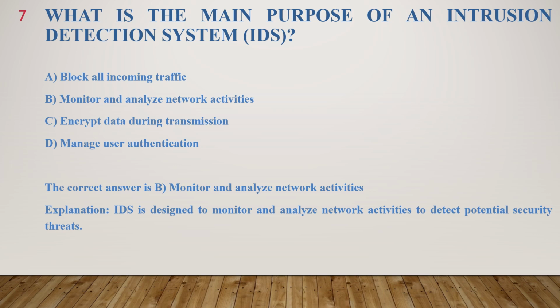An IDS focuses on analyzing activities, not securing data transmission itself. D. Manage user authentication. This is the function of an identity and access management, IAM, system, not an IDS. While certain IDSs might integrate with IAM for context, user authentication isn't their primary role.